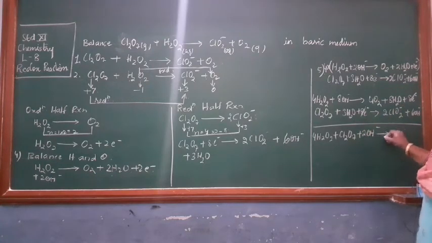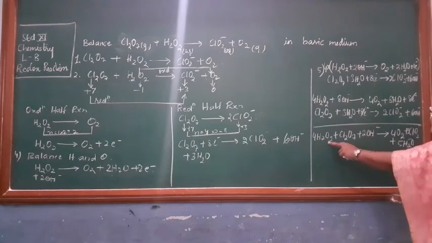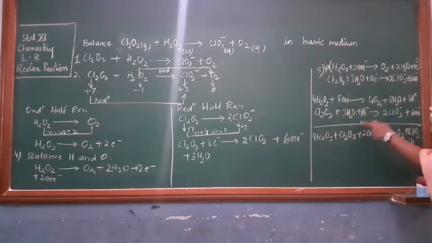So you can simplify and write it as 4O2 plus 2ClO2 minus plus 5H2O, isn't it? 8 minus 3, 5H2O हो जाएगा. और this 8 OH minus minus 6 it will give you 2 OH minus. So this is our final equation.